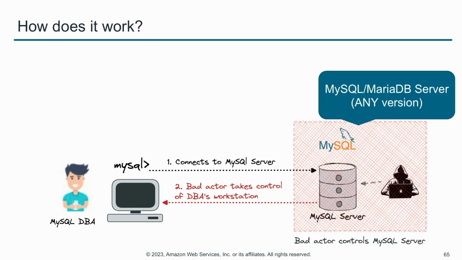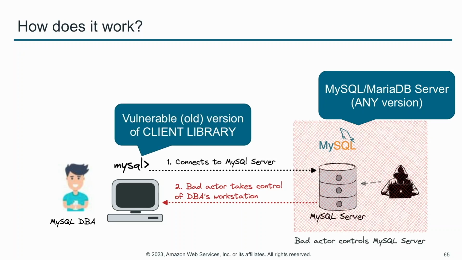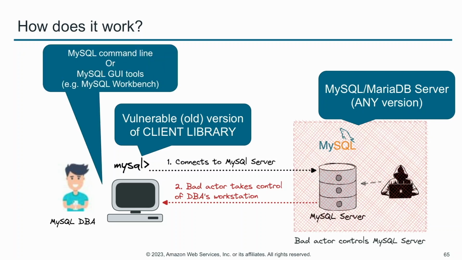How does it work? For the purposes of this proof of concept, we assume we have a MySQL or MariaDB server, any version, the server doesn't matter. We have a vulnerable old version of the client library. And our DBA is using the MySQL command line tool or a MySQL GUI tool, for example, MySQL Workbench.